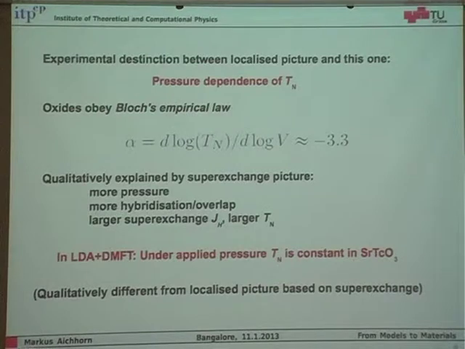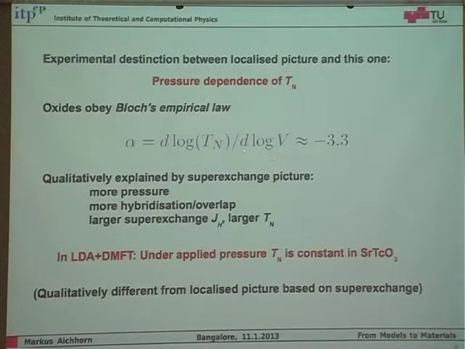We have even a prediction that's related to the pressure dependence in the pnictides of this ordering temperature. That's the pressure dependence of the Néel temperature in this oxide. For oxides, there is a phenomenological empirical law by Bloch, which is not the same Bloch from Bloch waves, it's some other Bloch. But he found empirically that oxides who are antiferromagnets and insulators follow this law.